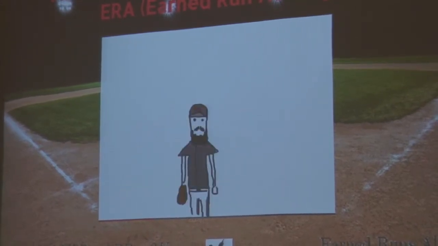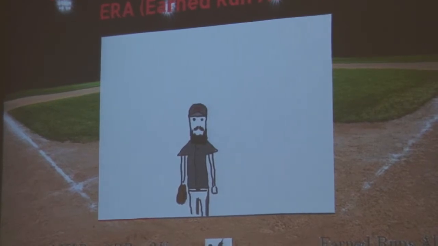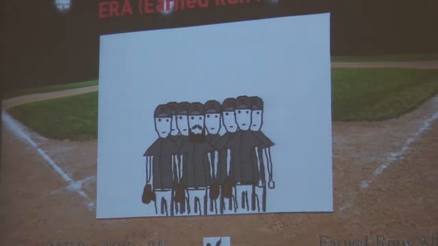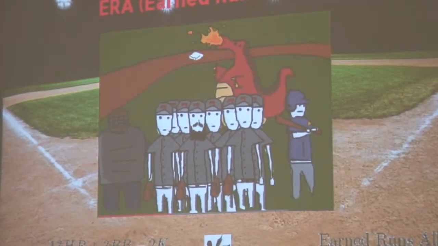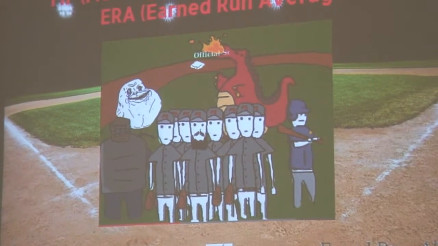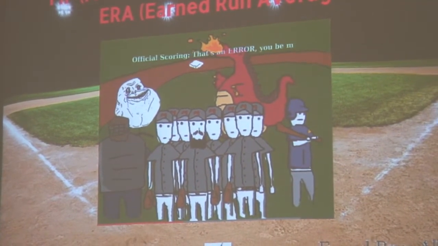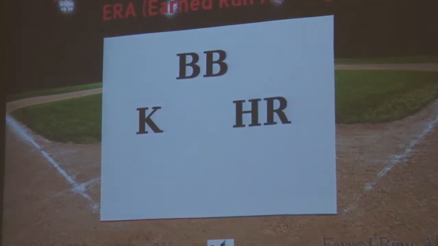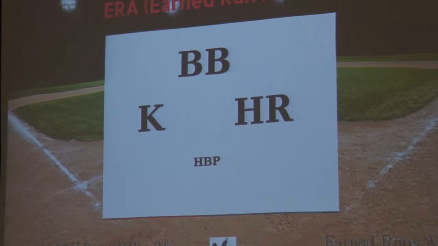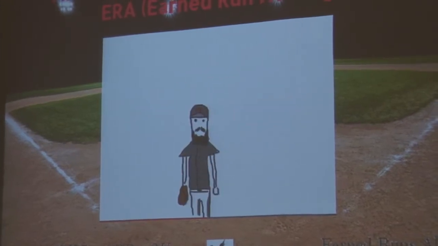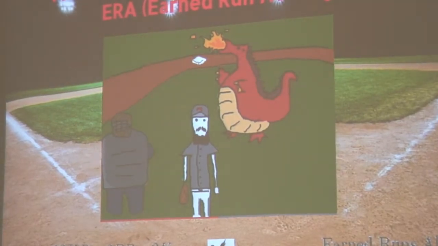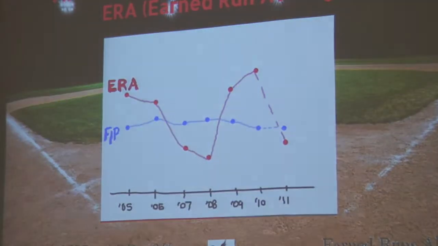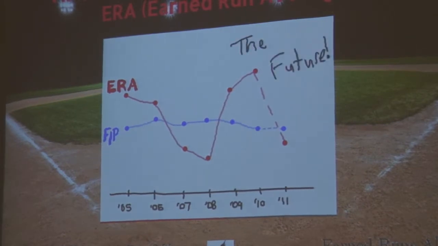So ERA ends up measuring not just the pitcher, but also the infielders, the outfielders, the base runners, the umpires, the stadium, random luck, and even the scorer, whose job it is to decide the difference between an error and a hit. FIP only looks at strikeouts, walks, home runs, and hit by pitches. So FIP tracks the skill of the pitcher and a little bit of the umpire, the stadium, and luck. As a result, FIP is a much better indicator of a pitcher's talent and better predicts future performances.